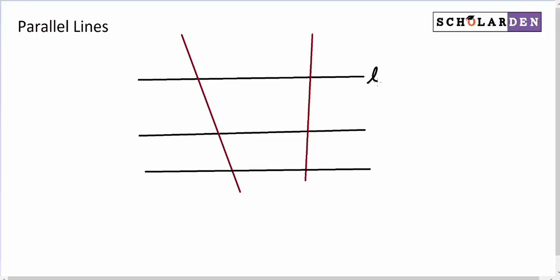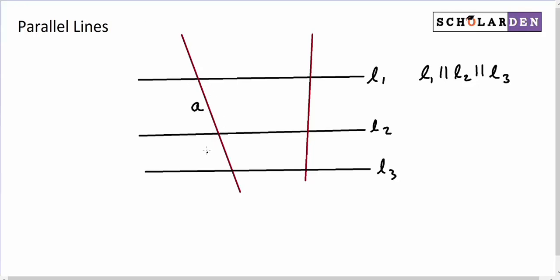So if we call this L1, L2, and L3, we say L1 is parallel to L2, which is parallel to L3. Now I'm going to label the distance of this maroon line here A, between this point and this point.